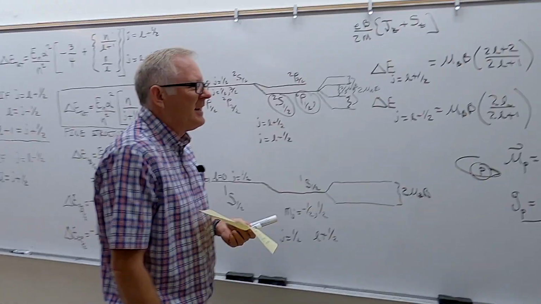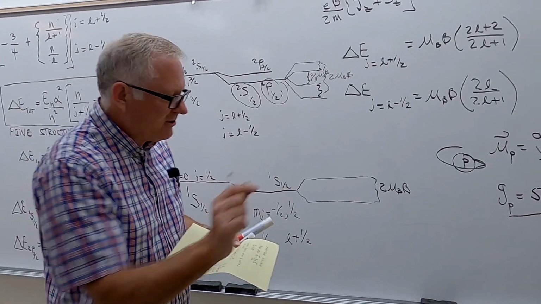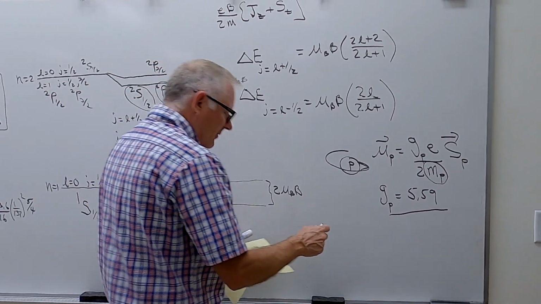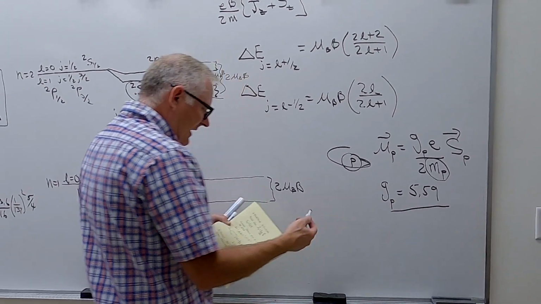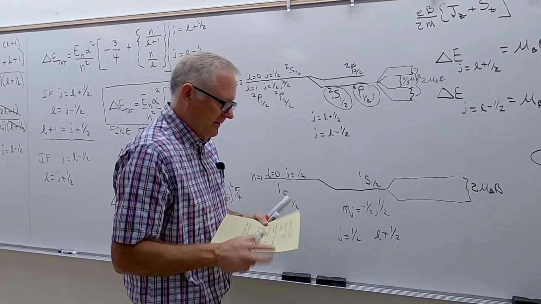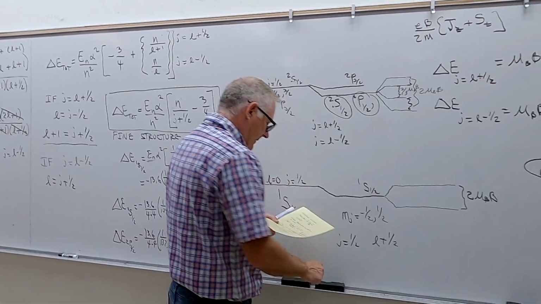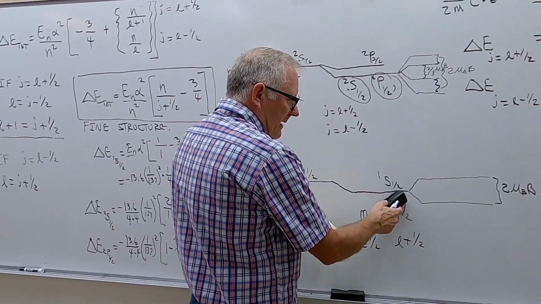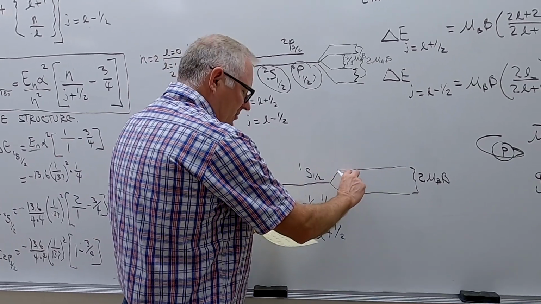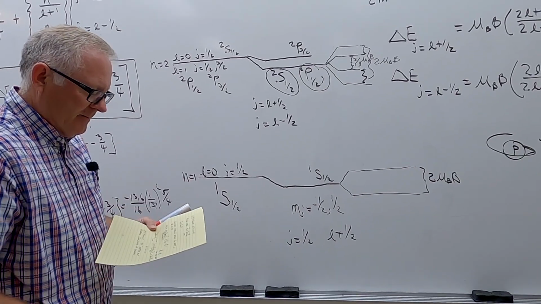But if you look at the L equals 0 case, then we can forget about one of them and just look at the 2 spins. So if you look at the L equals 0 line, then the change in energy is just due to the coupling between the 2 spins. If you work this out, without the magnetic field, let's take back out the magnetic field, you're going to get some splitting, again due to the spinning proton.